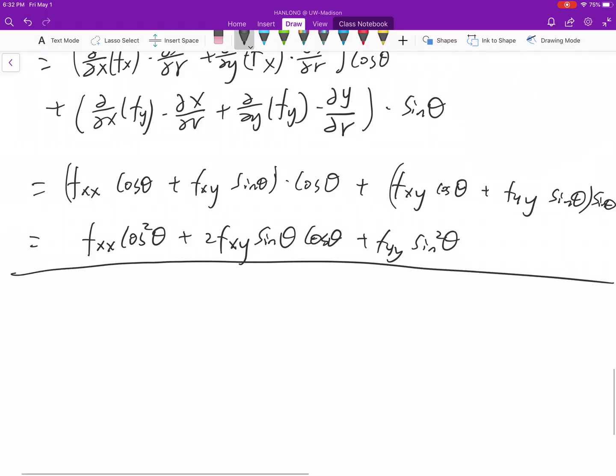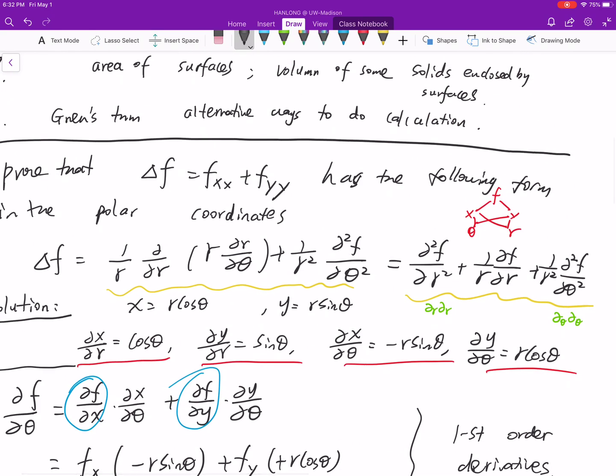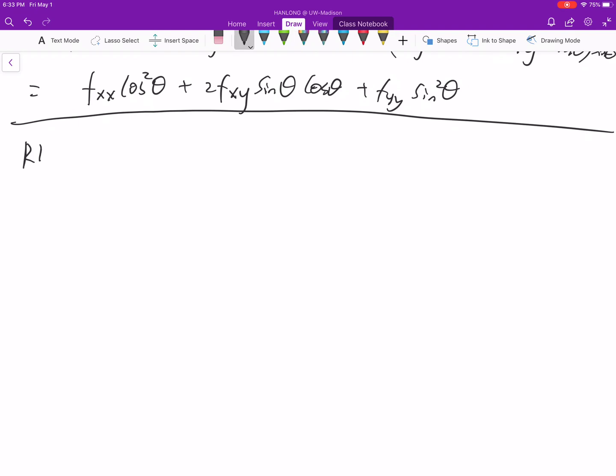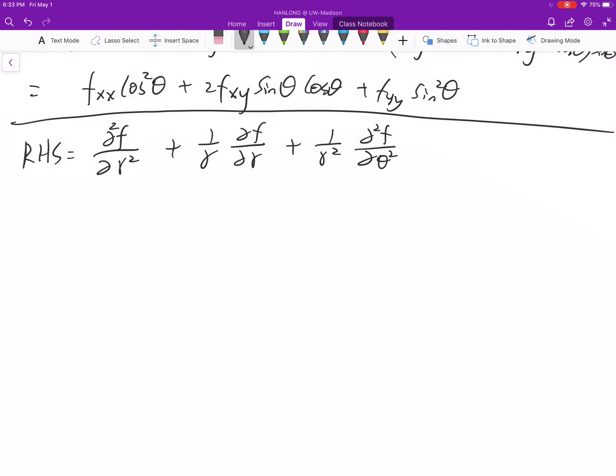Okay, now let's look at what is your right hand side. It's partial r partial theta divided by 1 over r squared, and 1 over r partial f partial r. So let's compute. Right hand side equals partial squared f partial r squared plus 1 over r partial f partial r plus 1 over r squared partial square f partial theta square.